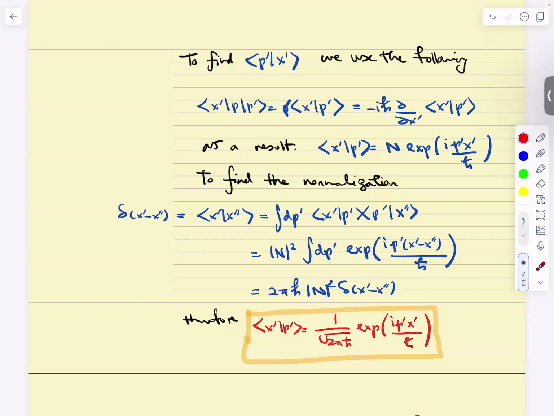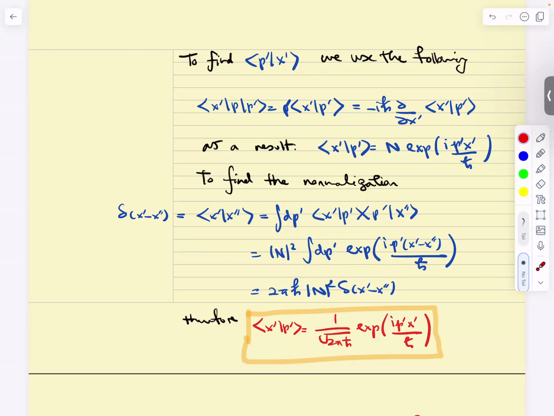If you have functions that don't fall at infinity, or maybe fall a little bit too slowly, they're not square integrable, then your Fourier transform will not end up being a function. It will be something like a distribution, like the Dirac delta function. So the Dirac delta function was invented in mathematics based on the desire to extend Fourier transform to functions like constant functions. Literally, not like, but exactly constant.